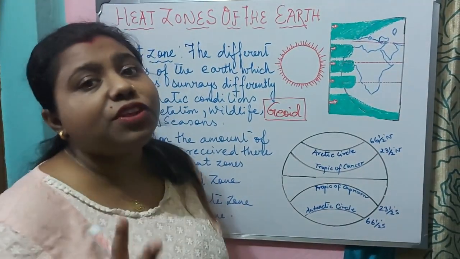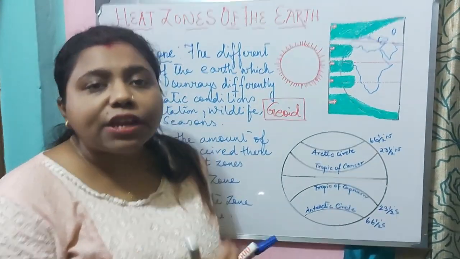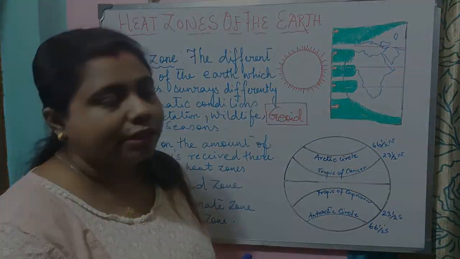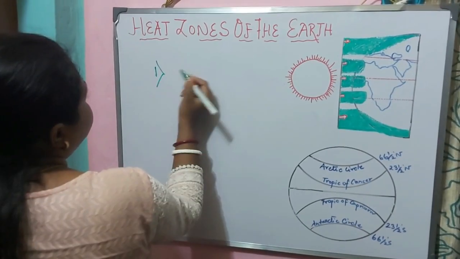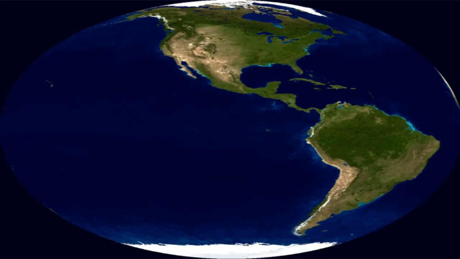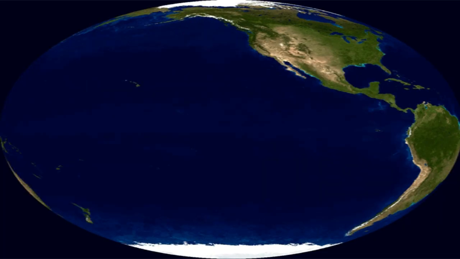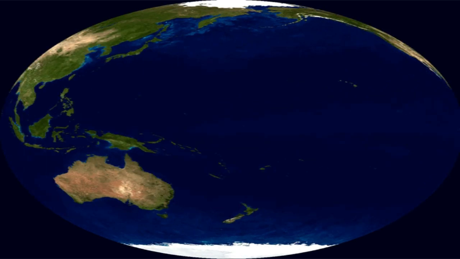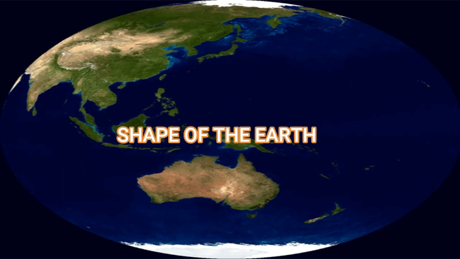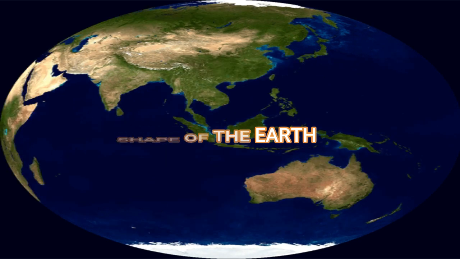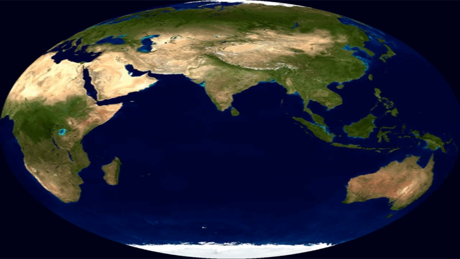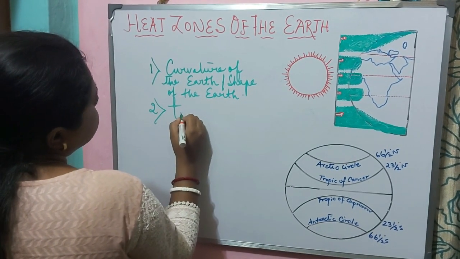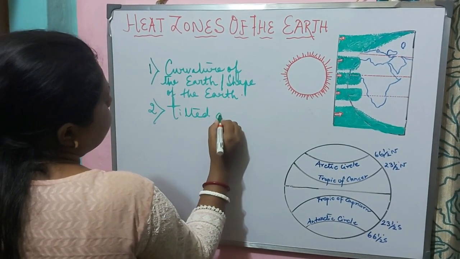What is the second reason for which the sun rays are falling differently? The second reason is the tilt of the earth. Let us see. So number 1 point is curvature of the earth, or we can say shape of the earth. And number 2, tilted axis.